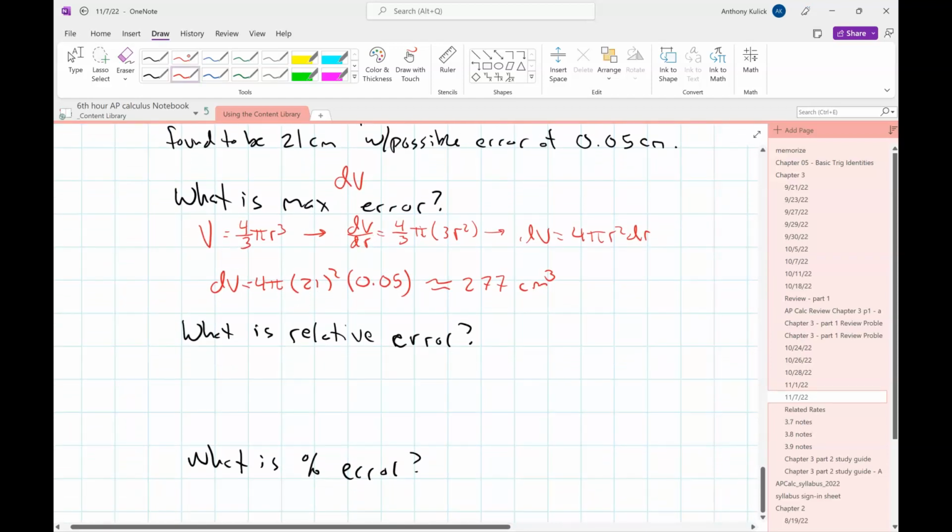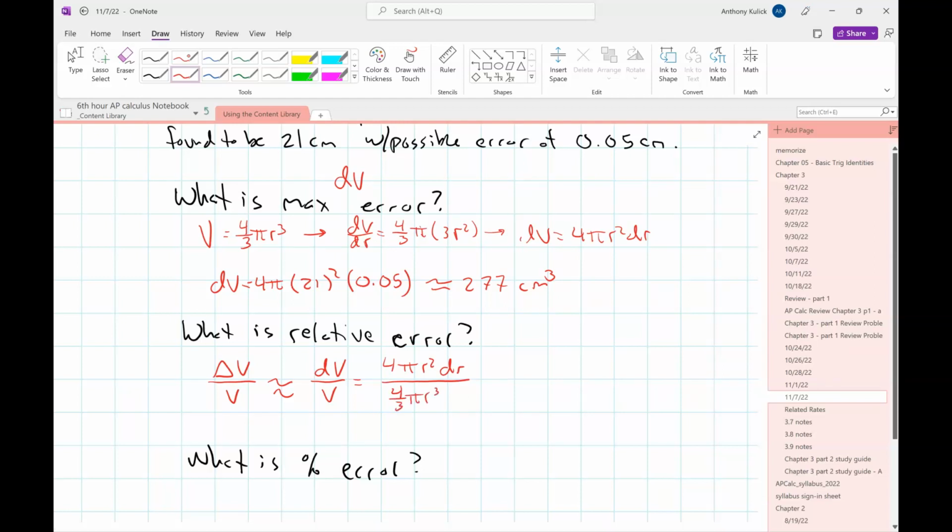So the relative error would just be the change in volume divided by volume. Well, that's approximately the same thing as dV over V. So dV we found was 4 pi r squared dr. The volume V is 4/3 pi r cubed.